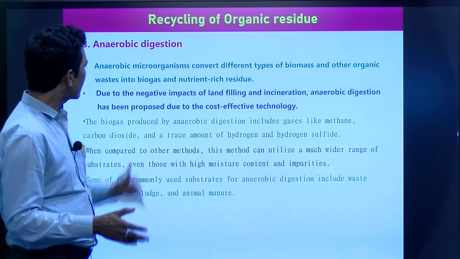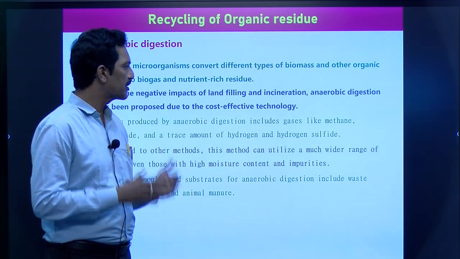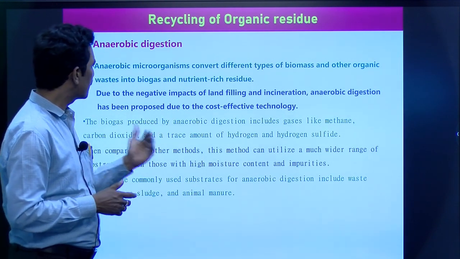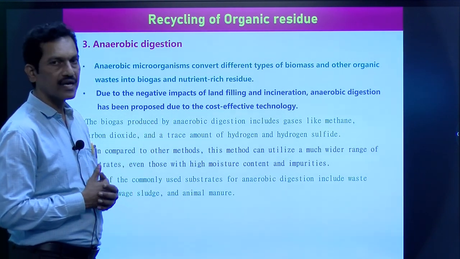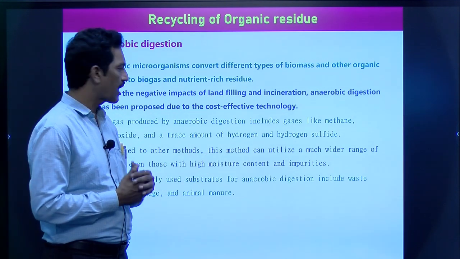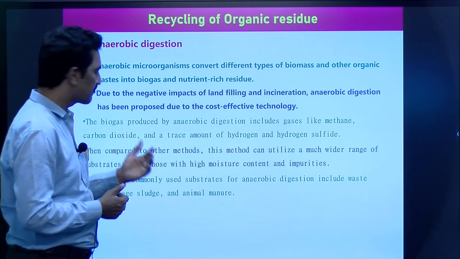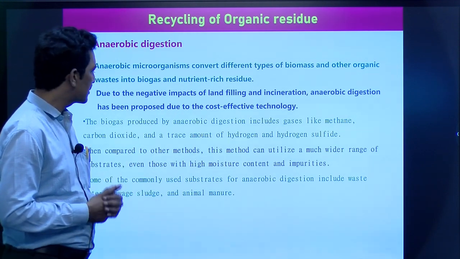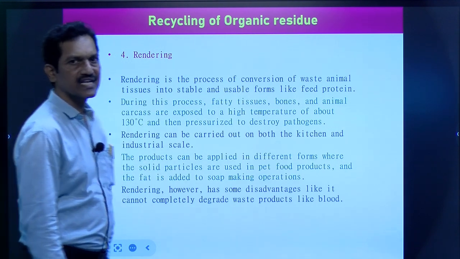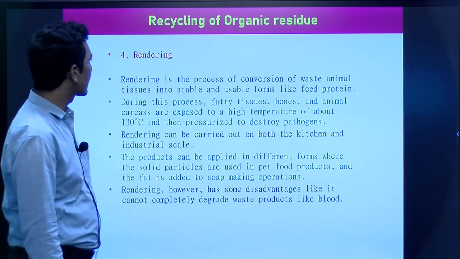When compared to other methods, this method can utilize a much wider range of substrates, even those with high moisture content and impurities. Some of the commonly used substrates for anaerobic digestion include wastewater, sewage sludge and animal manure. And the fourth recycling method is rendering.